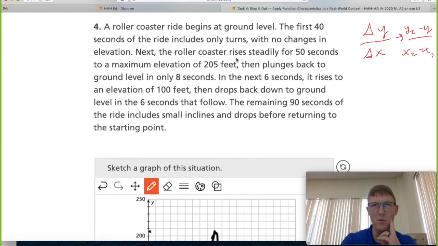I'm writing it in a way that I'm hoping you've seen before, but if not, whatever. So y2, where it ended, is 0 minus 205, and it plunges back to ground level in only 8 seconds. So that tells me our change in x is 8.